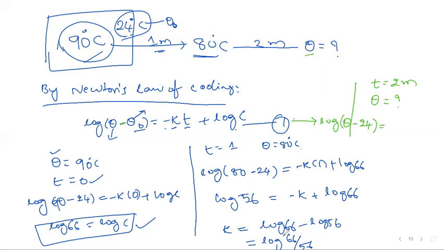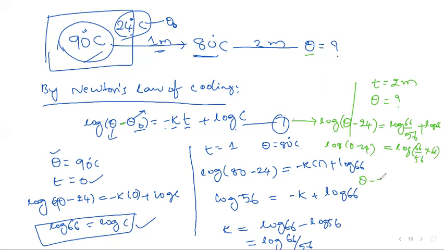So the k value is log of 66 by 56. Next place log c. Log c is equal to log 66. Now log of theta minus 24 is equal to log a plus log b, which is log a into b. We get 66 by 56 into 66.